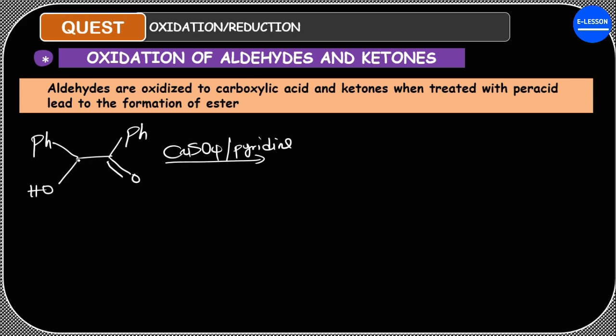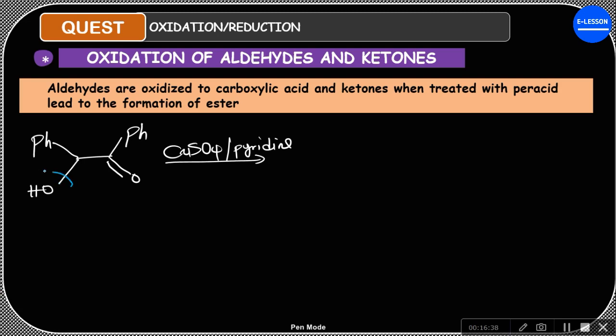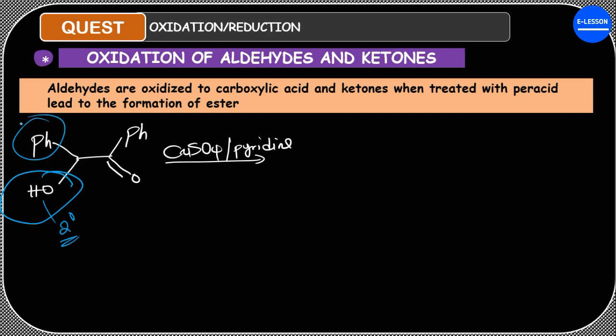So this is more like a secondary alcohol. This will be oxidized to give us a ketone, and then we'll have this as a product of the reaction. So this group here, which is the OH, will be oxidized. Now, if I may ask you, is this OH here secondary or primary? This is secondary. You know why? Because this is a phenyl ring. A phenyl ring is something like this attached.